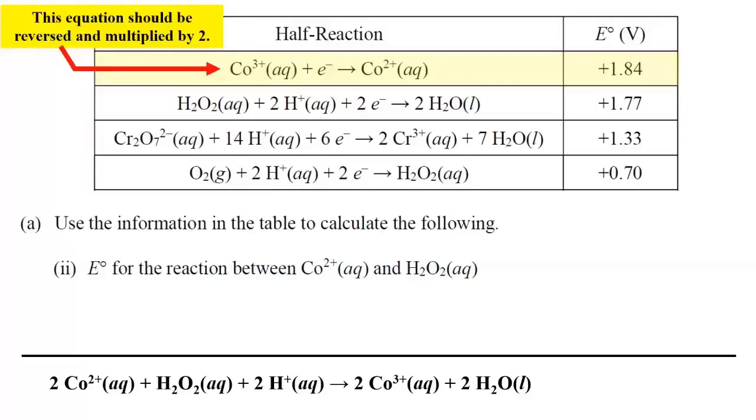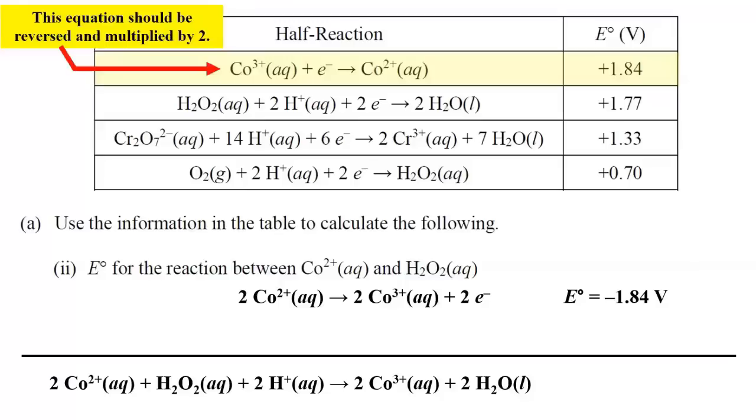And so when I make that change, I am going to change the sign of the cell potential. So it's going to change from positive 1.84 volts to negative 1.84 volts because I reversed the equation, but multiplying each coefficient by 2 did not affect the value of the cell potential.